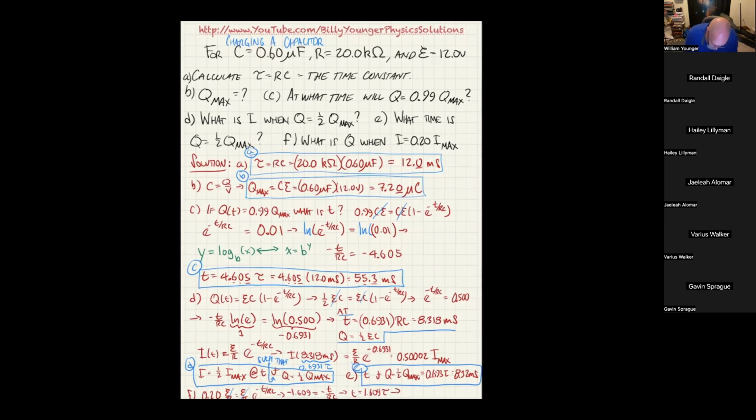And at that point, we'll know Q of 1.609 tau is equal to, now I'm going to plug that into Q of tau. So I'm going to say 1 minus e to the negative 1.609.